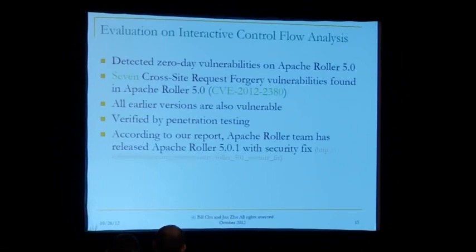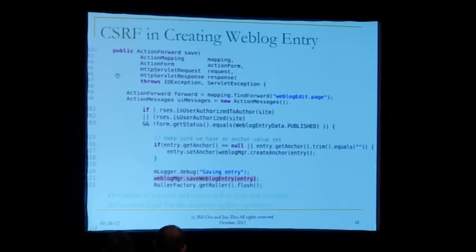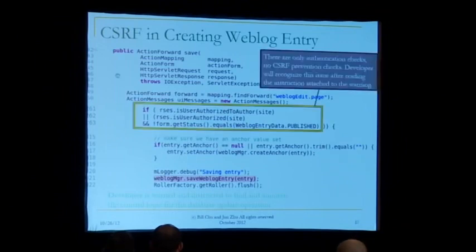So here is an example. This is actual code. As you can see, this weblog save web entry is when Roller commits the web entry into the database. And at that point, as you see here with the red flag, we say, well, where's your CSRF protection? And the developer will look at this and say, okay, I checked for authentication, but I didn't check for CSRF.